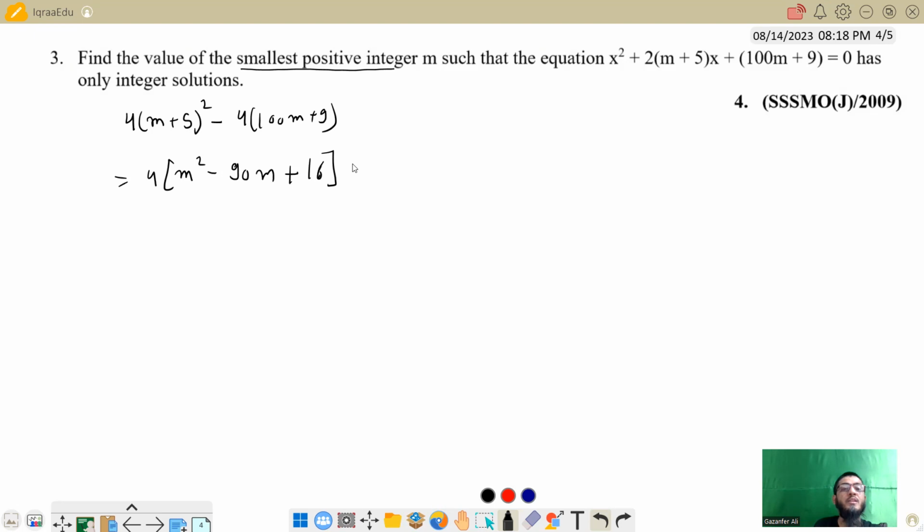First of all, it is greater than or equal to 0 and it has to be a perfect square. So 4 is a square, this is a square. So let me say m square minus 90m plus 16 is equal to n square.